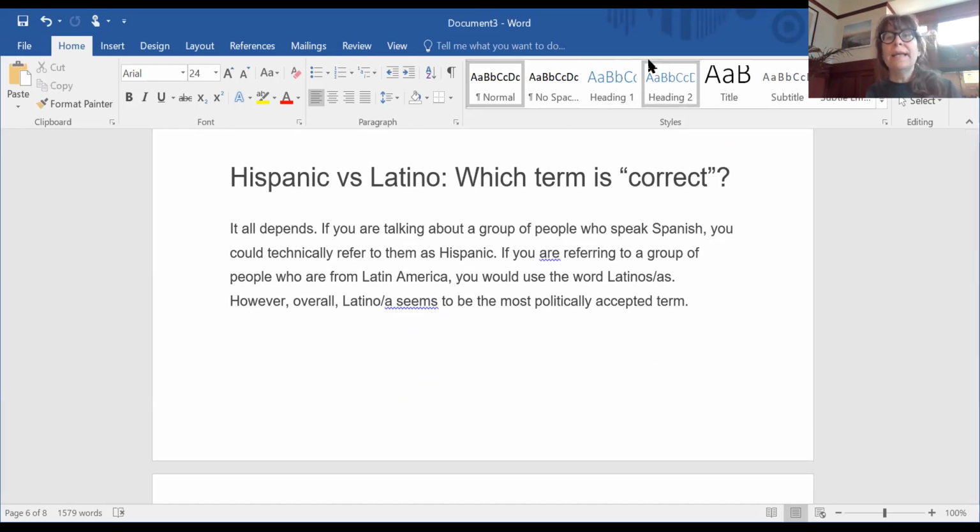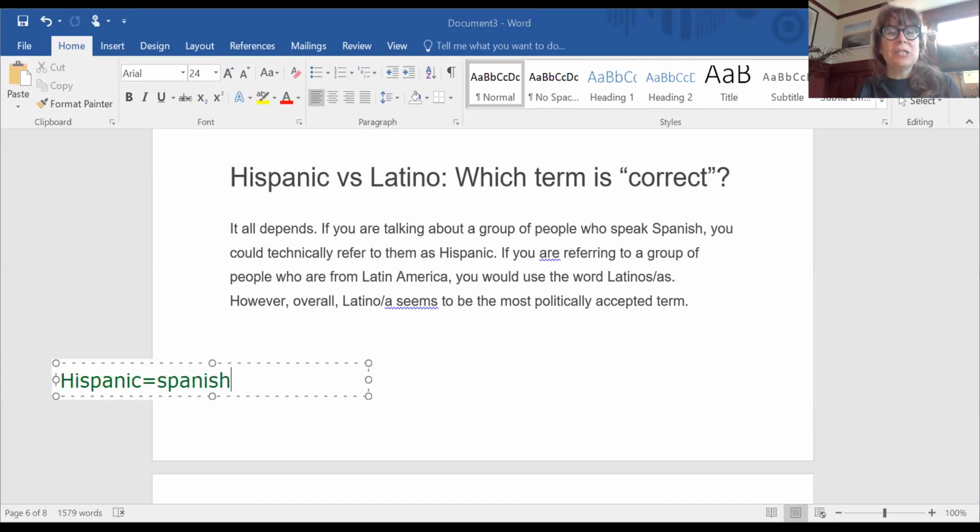So I would annotate this right here. Let me do this. I would annotate this text saying Hispanic equals Spanish speaking.